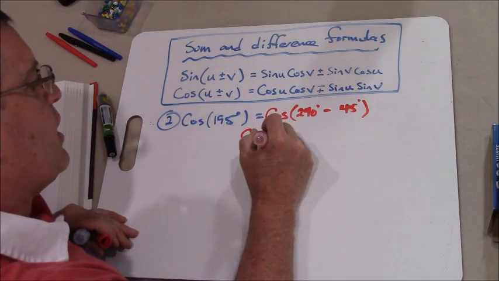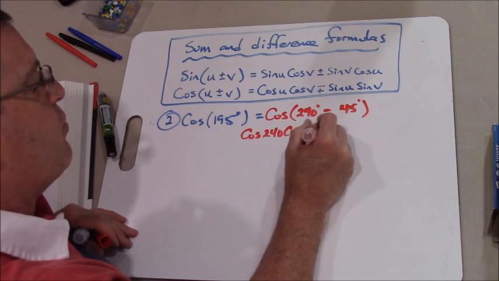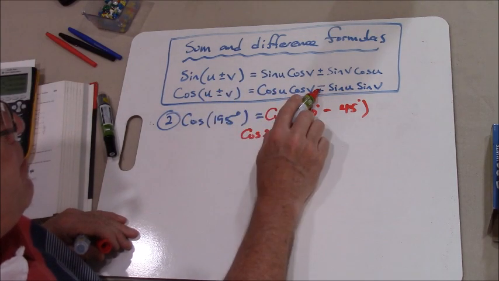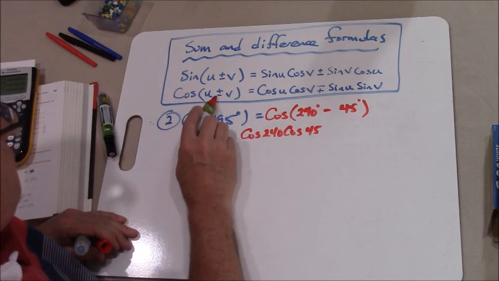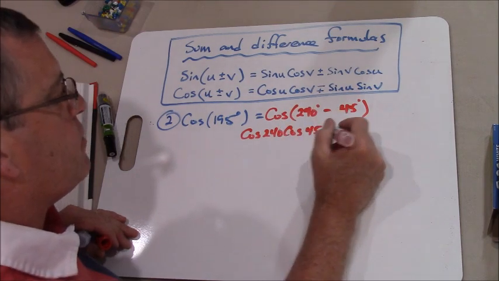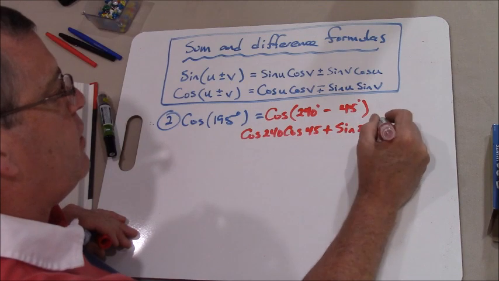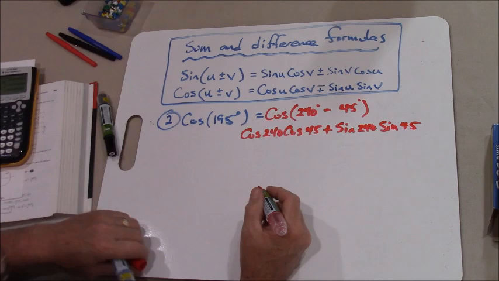So I get cosine 240 times the cosine of 45. Whatever sign I have here, I want the opposite here, right? So here if I'm subtracting two angles, there's a subtraction sign, it's the bottom one, I've got to use the bottom one here. So that would be plus, and then I want the sine of 240 times the sine of 45.